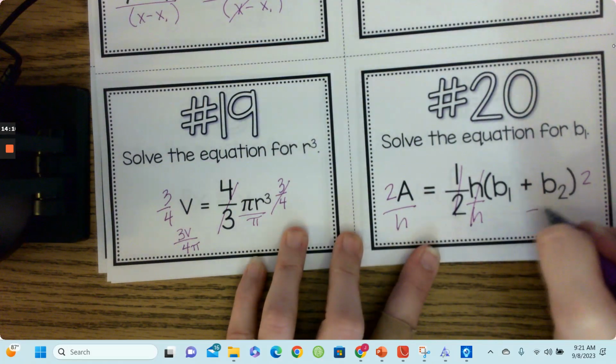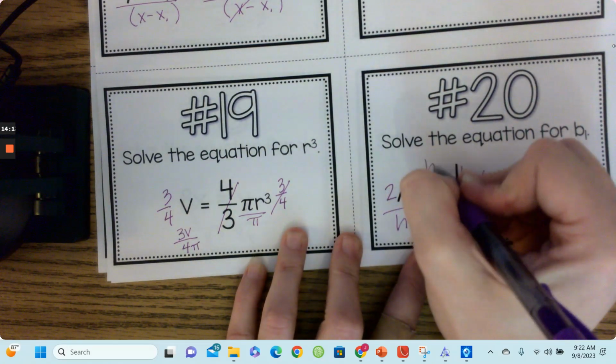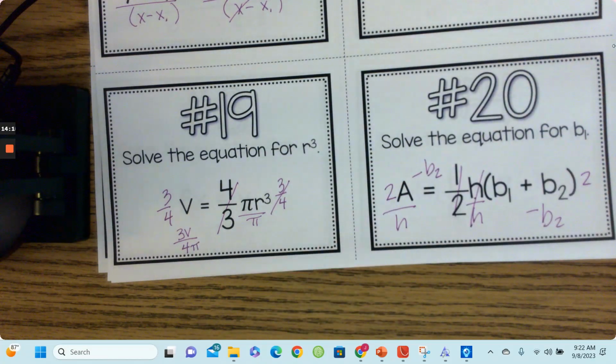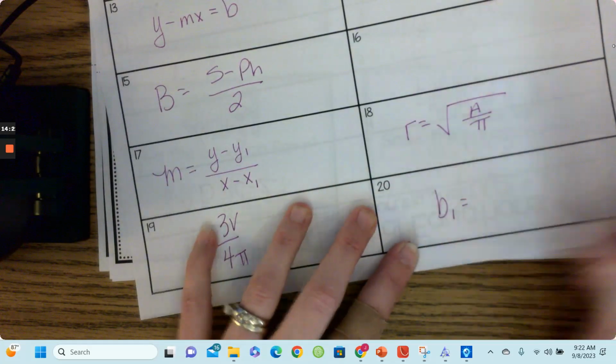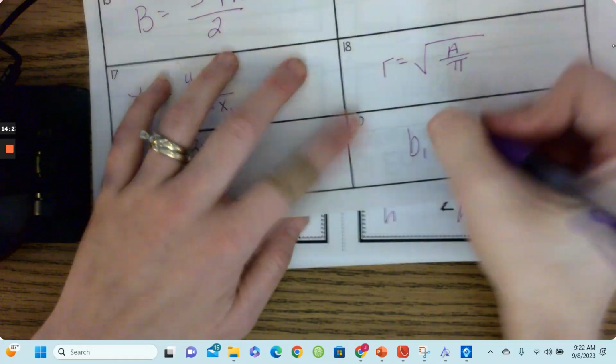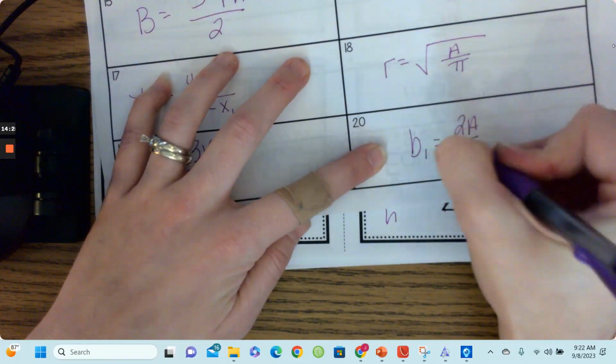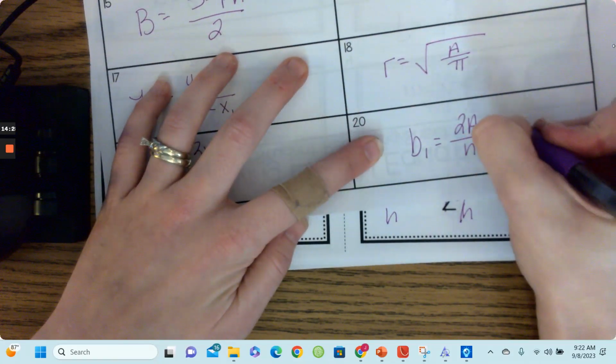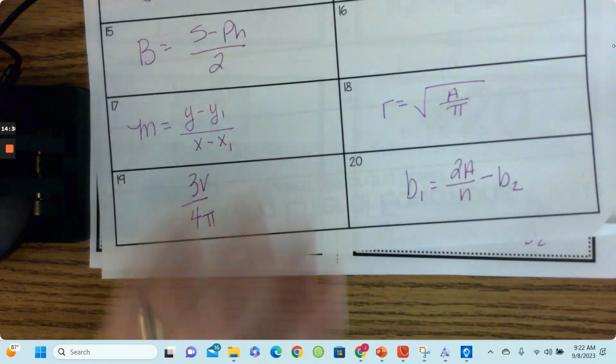And then I would subtract the b2 from the entire thing. And so it would look like this: b1 equals 2a over h minus b2.